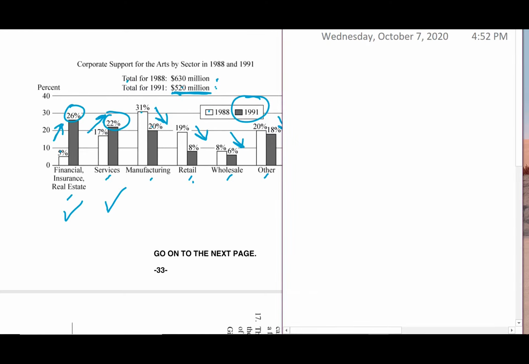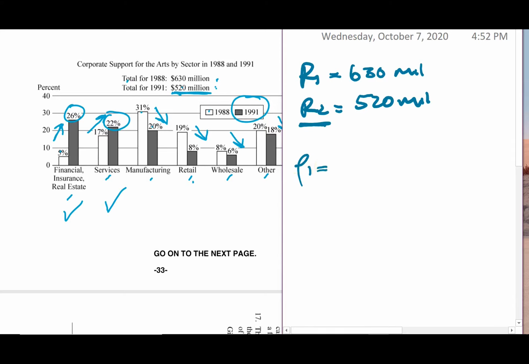If we let R1 equal 630 mil, this is revenue 1, and revenue 2 equals 520 mil. So this is what we're focusing on. And we can let P1 be the first proportion for finances, which is 0.26, and P2 the proportion for services, which is 0.22 as a decimal.